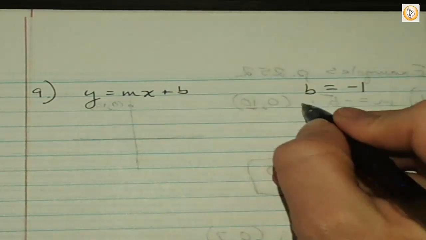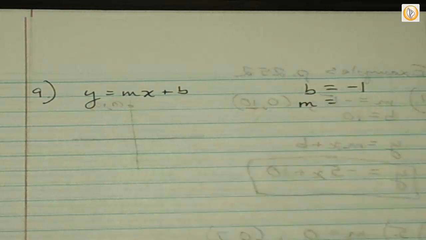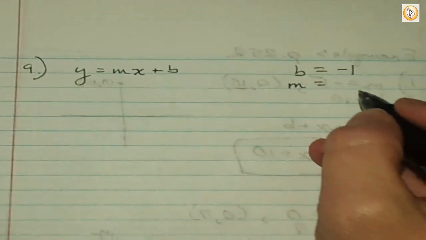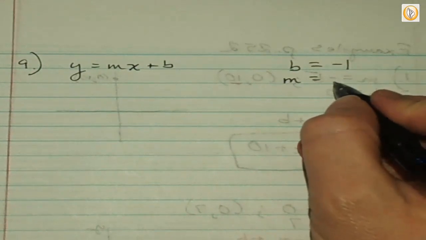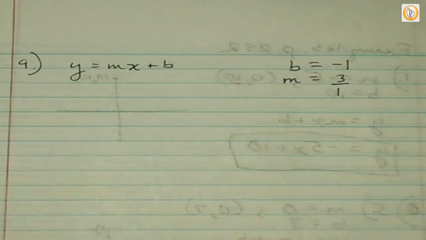Very good. Now, with that, count and tell me what our slope would be. Very good, 3/1. Let me see your book again, Franz, just so everyone can see a visual.